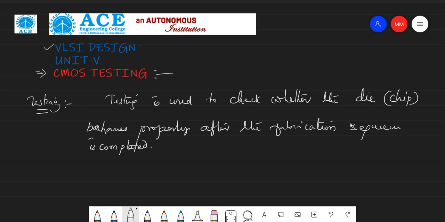Suppose I designed a circuit using gates. After fabrication, after manufacturing is completed, we need to check whether the given design is functioning properly or not. We need to verify the functionality. Whenever it is given an input, we need to get the proper output which we designed.